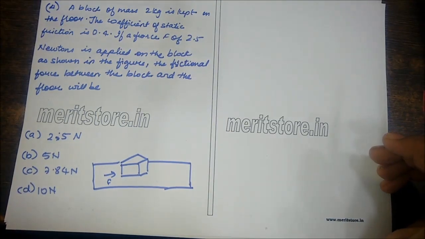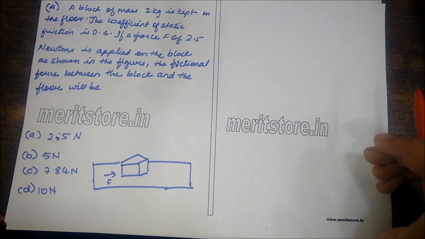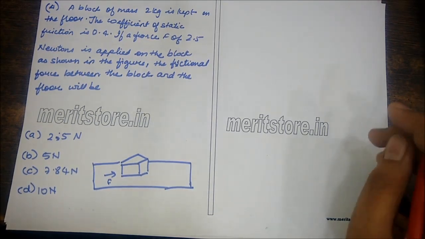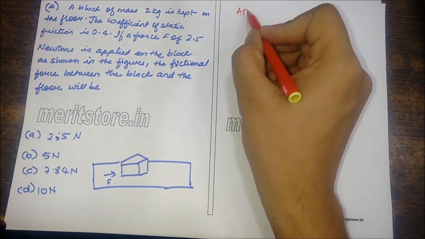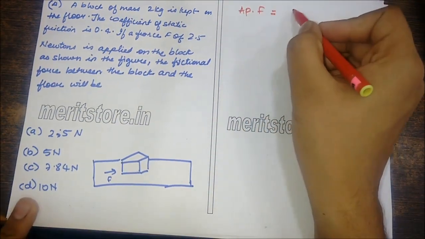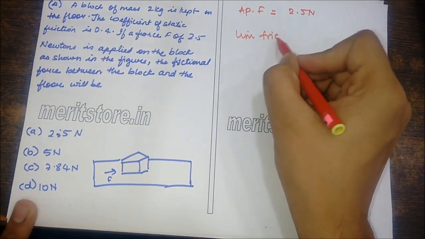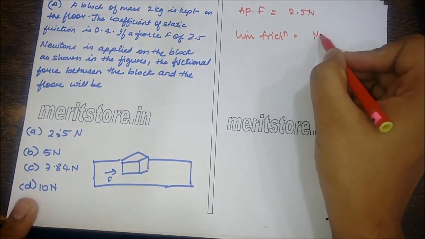Question 4. A block of mass 2 kg is kept on the floor. The coefficient of static friction is 0.4. If a force F of 2.5 Newton is applied onto the block as shown in the figure, the frictional force between the block and the floor will be. So we know applied force is equal to 2.5 Newton. Limiting friction is equal to mu mg.